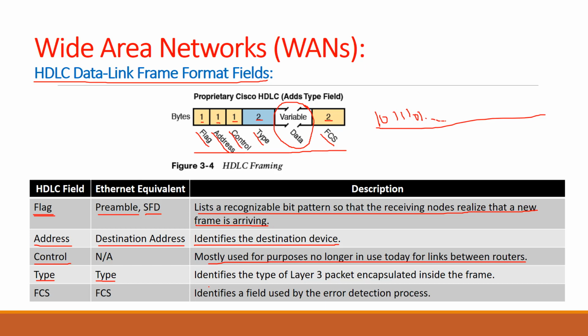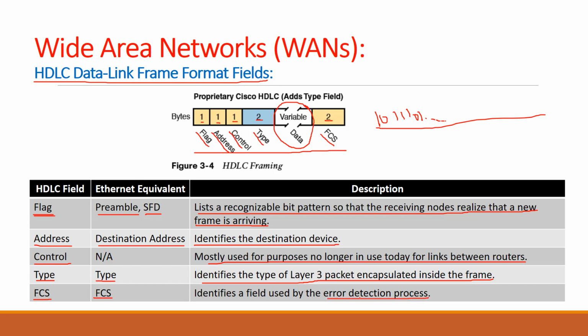And the description identifies the type of layer 3 packet encapsulated inside the frame, whether the packet is an IPv4 or an IPv6. The trailer, the 2 bytes field, the frame check sequence, is equivalent to the frame check sequence on the Ethernet, and it is used for error detection.